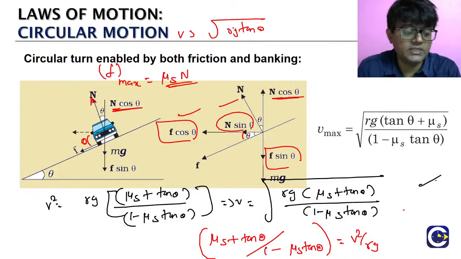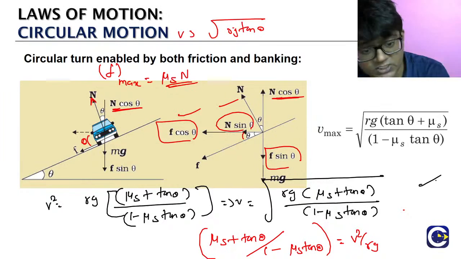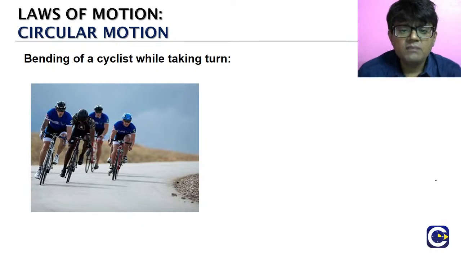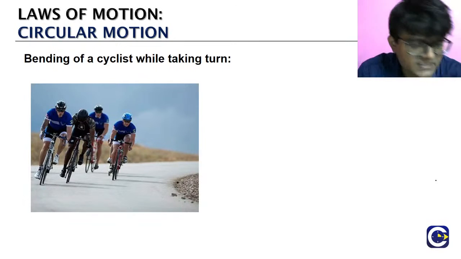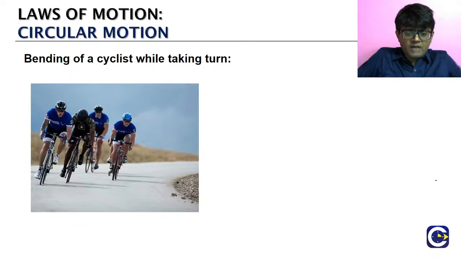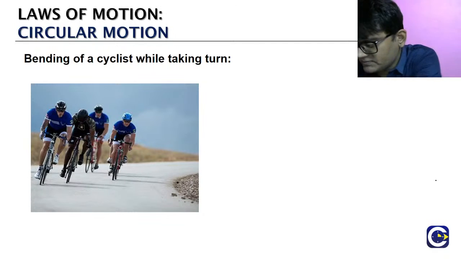இதில் both the component of friction as well as the normal reaction component are supporting the circular turn. இதுக்கு ஒரு practical observation என்ன தெரியுமா, like you would see people riding a cycle. The cycle turn எடுக்கும்போது, what is it that you will see? They will not stay upright and take the turn. என்ன பண்ணுவாங்க? They will be trying to bend the cycle in one way.